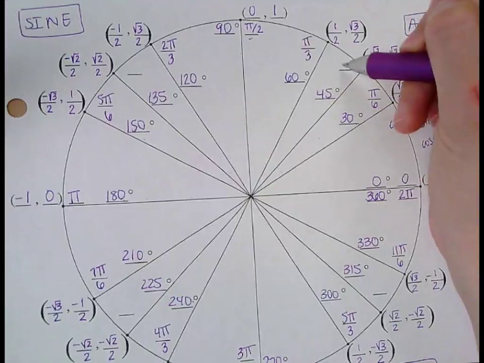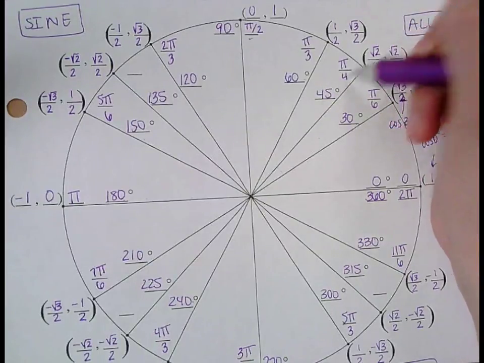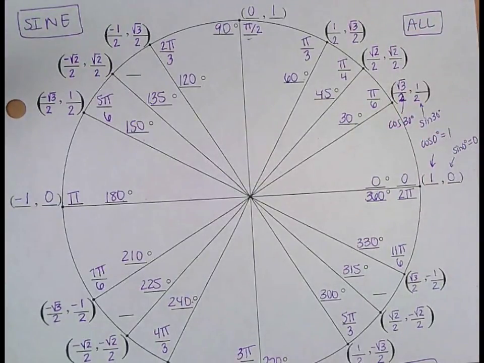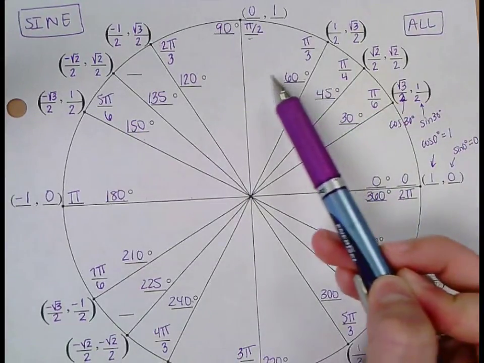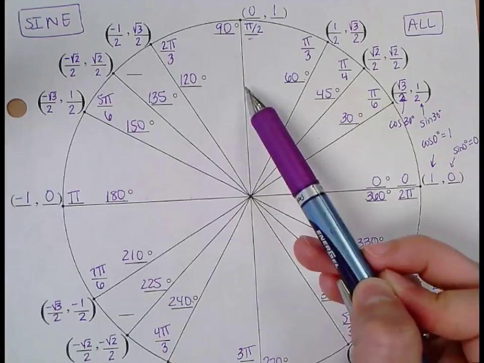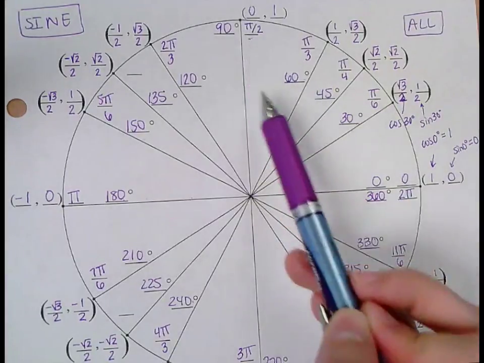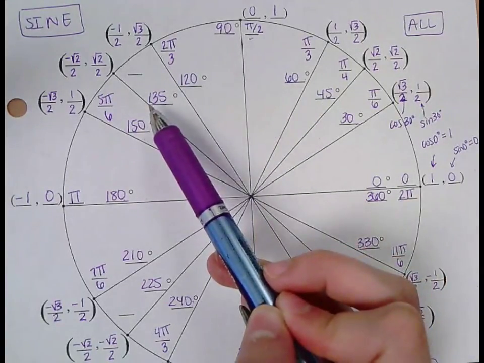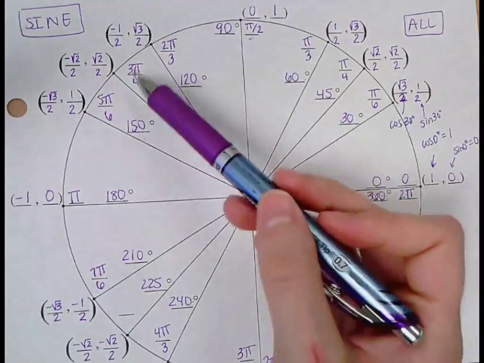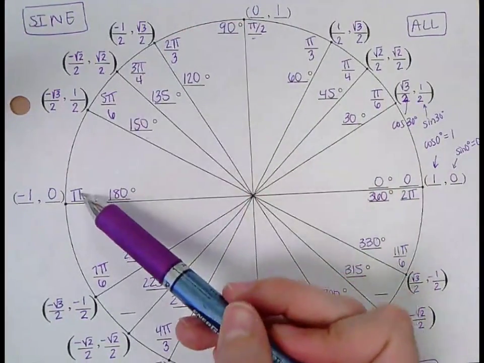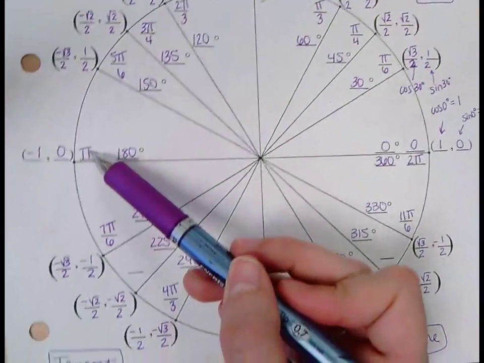So 45 degrees would be 1/4 of pi, or pi over 4. Another 45 degrees would be 2/4 of pi, which is 1/2. That means this is 3/4 of pi, so 3 pi over 4. 4/4 of pi is just pi.